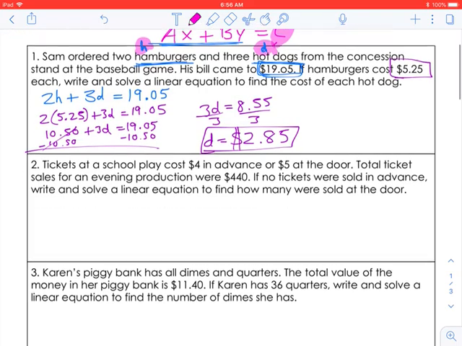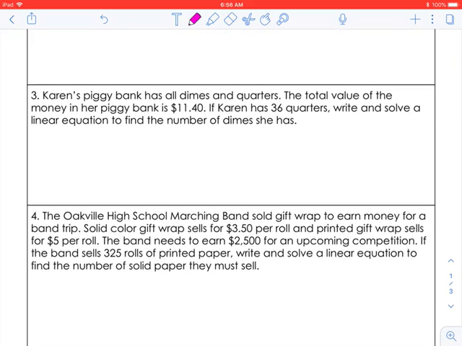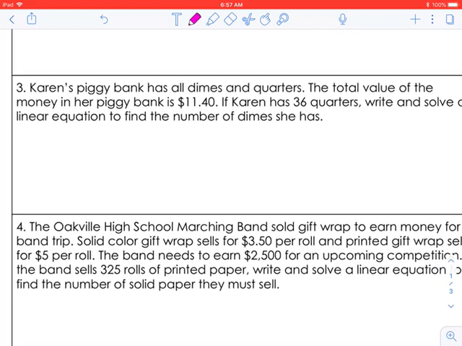Okay, so number 3, let's skip over to number 3. This one's a little different because it doesn't straight up tell us what the numbers are, but we have to know what the numbers are based on what money is. Karen's piggy bank has dimes and quarters, so there are our 2 variables.